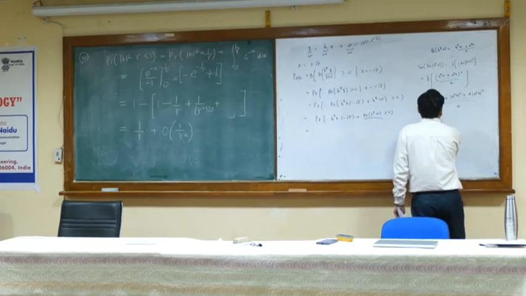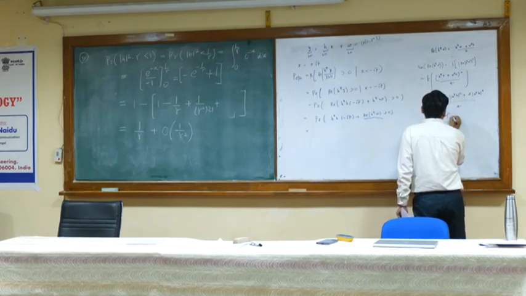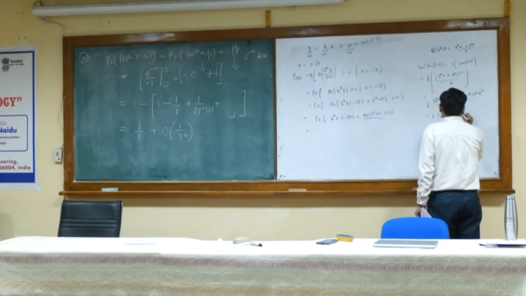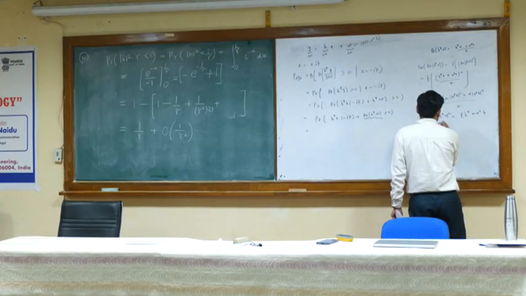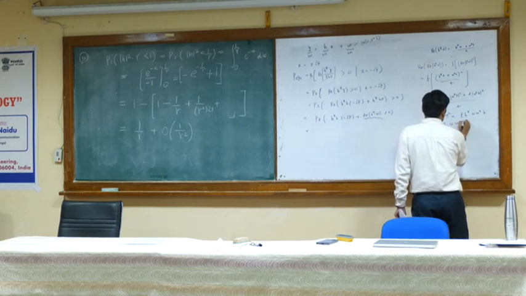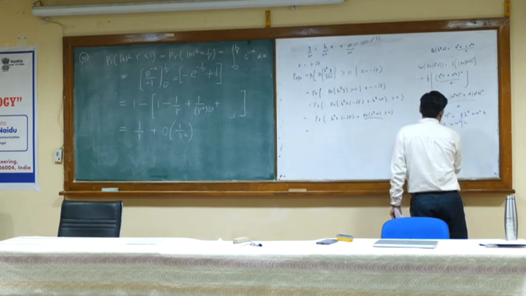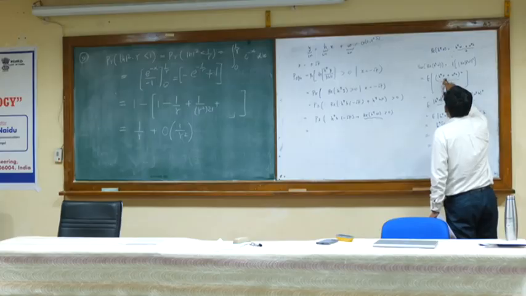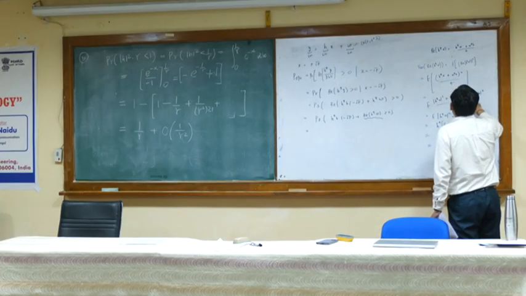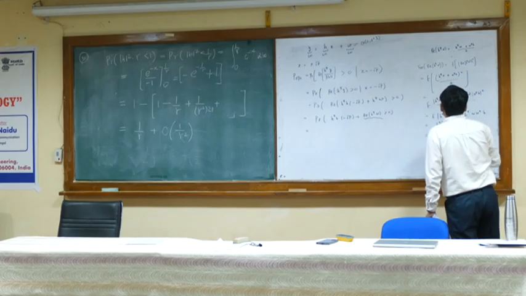Expectation of h Hermitian w square is equal to expectation of h Hermitian w w Hermitian h, which is h Hermitian expectation of w w Hermitian h, which is equal to sigma square I, so h Hermitian h into sigma square. If we do the square here, I will get one term, and twice into this term, so 2 plus 1 plus 1, that is 4. Yeah, that's it.